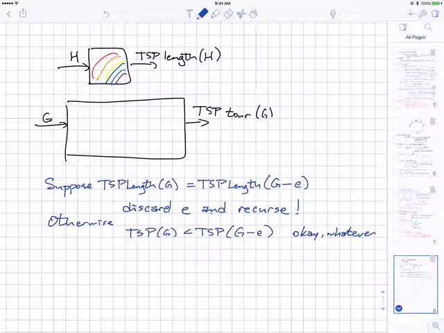So after I do this for all edges, what edges am I going to be left with? Right, every edge that I keep belongs to every TSP cycle in the graph I have left.